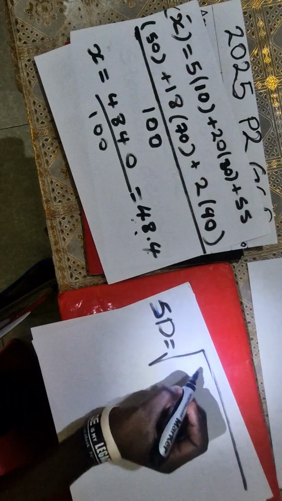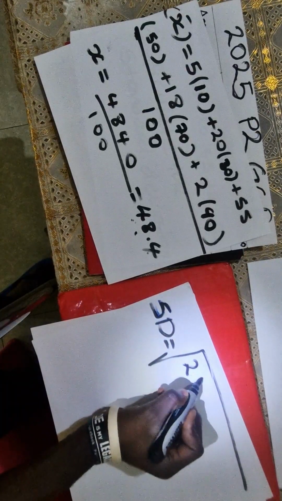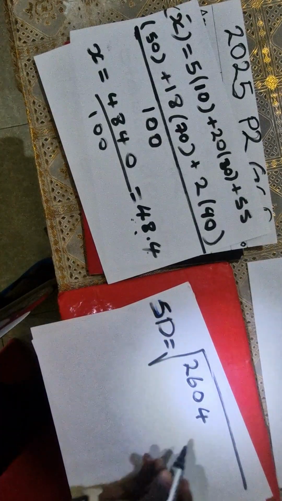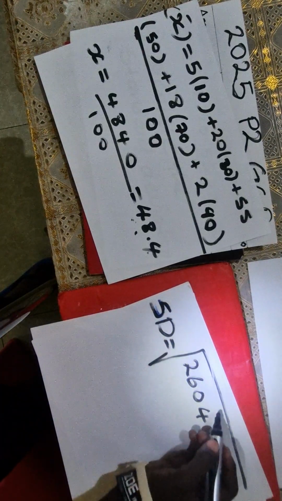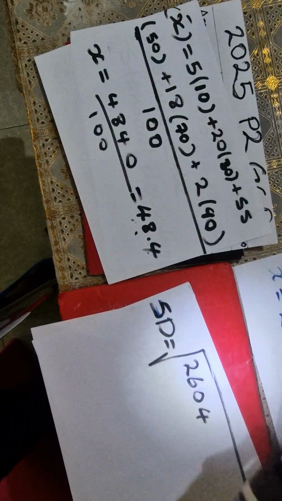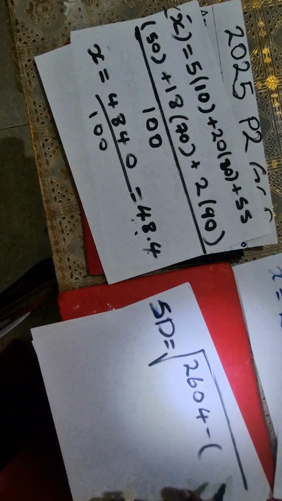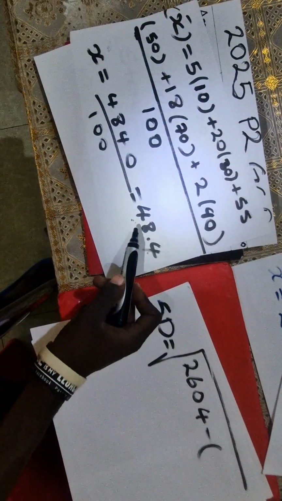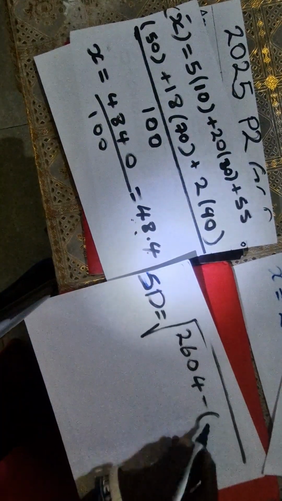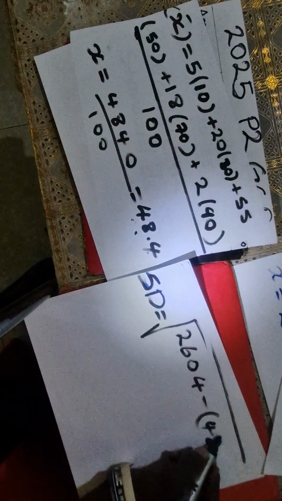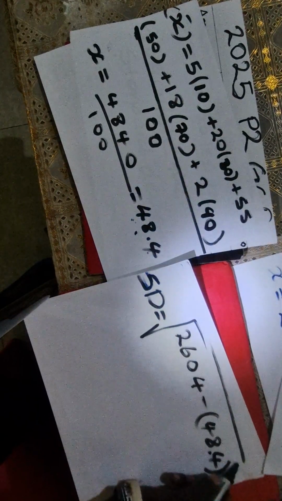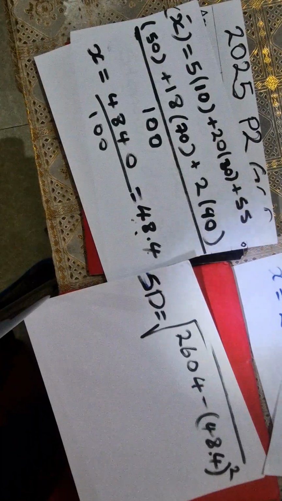I found 2604 minus my mean. The mean we found at first was 48.4, in brackets, to the power 2.